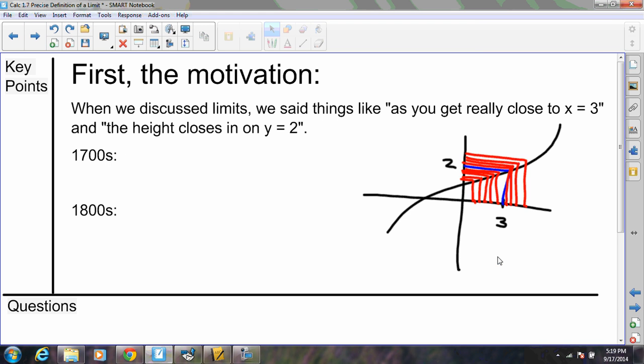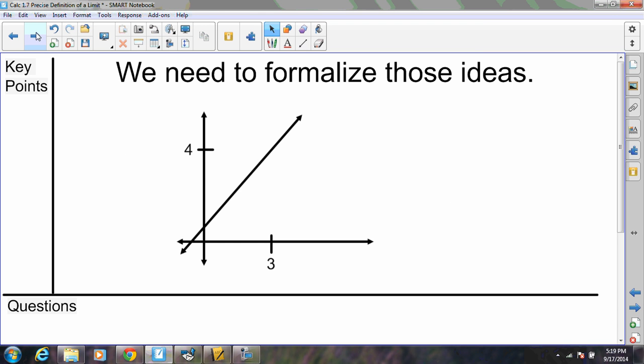Okay, the ideas behind these need to be formalized. Again, we've been talking as you start getting close on either side of our x value. Well, instead of saying either side of the x value, we want a tiny little window, a tiny little interval wrapped around our value.